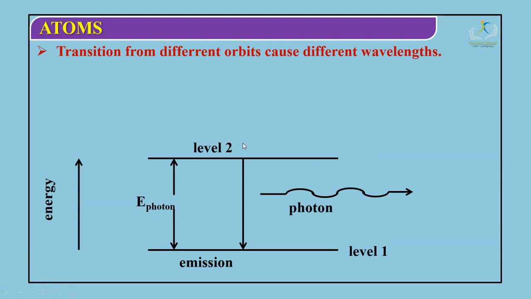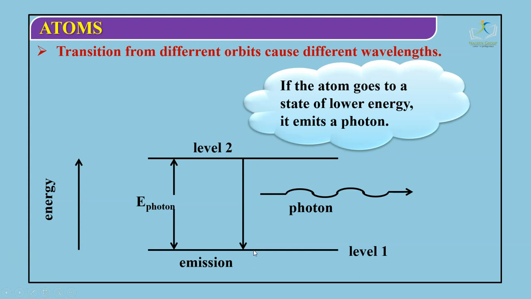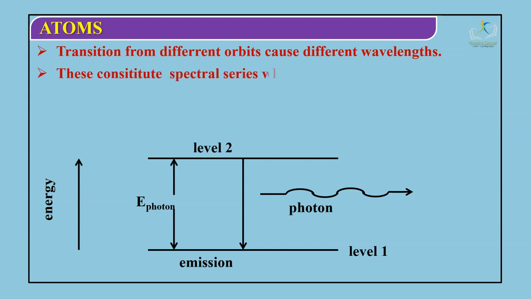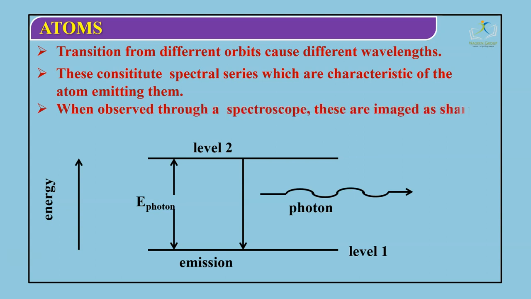After about 10 to the power minus 8 seconds, the electron loses its energy in the form of a photon and comes back to its initial state. When it goes to a lower energy state, it emits a photon. These constitute spectral series, which are characteristic of the photons emitted. When observed through a spectroscope, these appear as sharp, straight vertical lines of a single color.